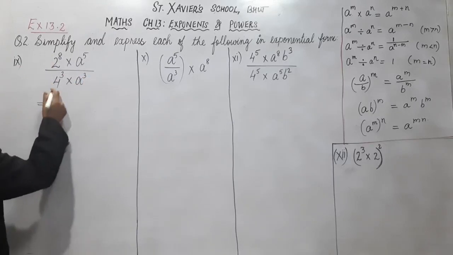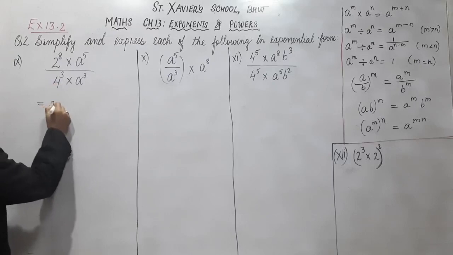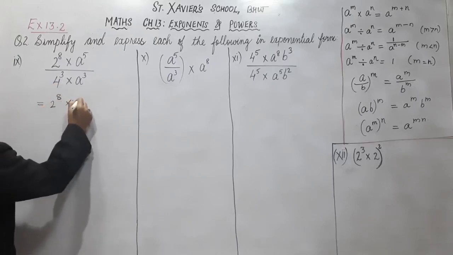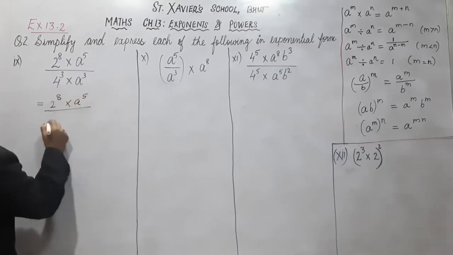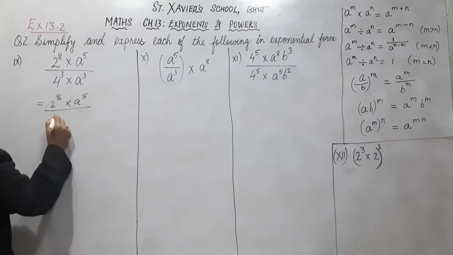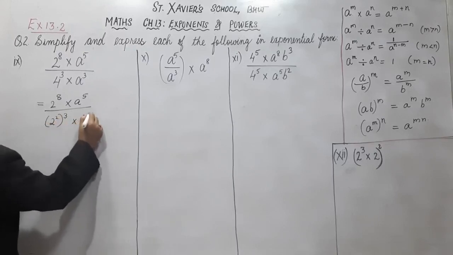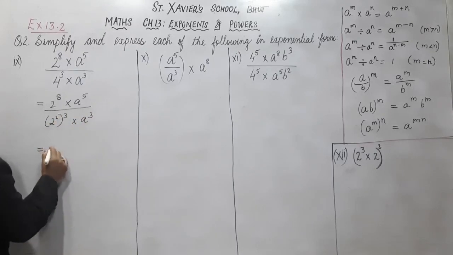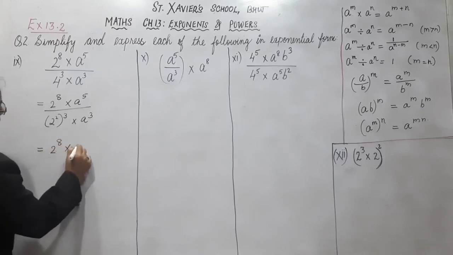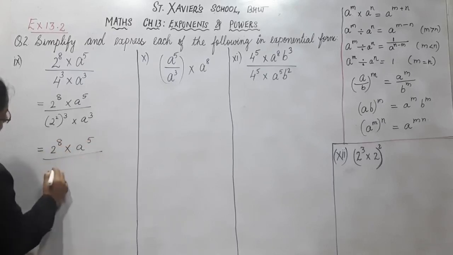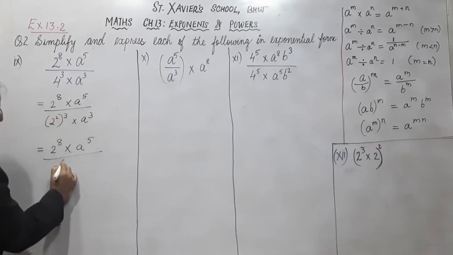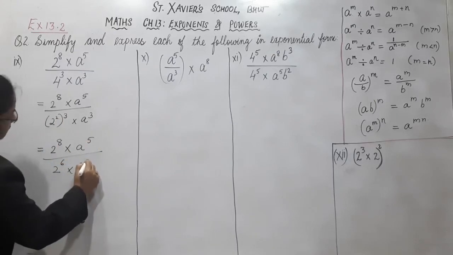So we have to convert this one. 2 raised to 8 into a raised to 5 upon 4 can be written as 2 square. 2 square all raised to 3 into a cube. That is equal to 2 raised to 8 into a raised to 5 upon 2 raised to 2 3s are 6 into a raised to 3.